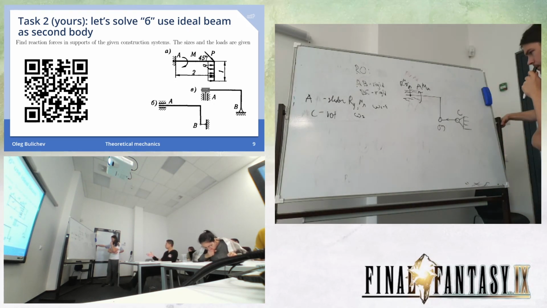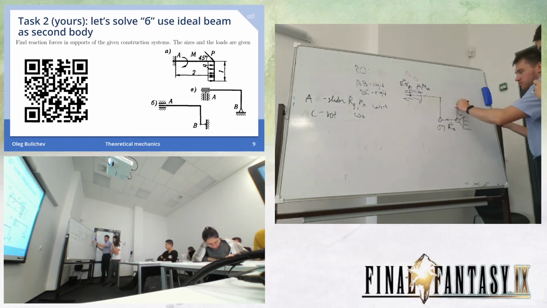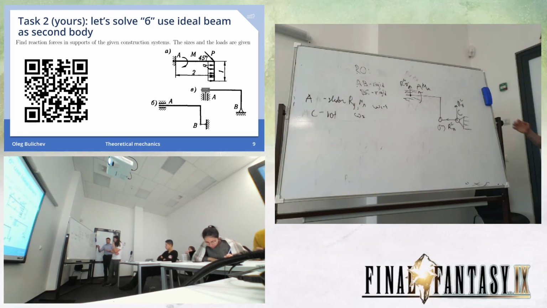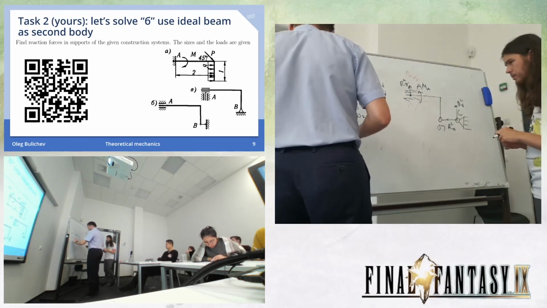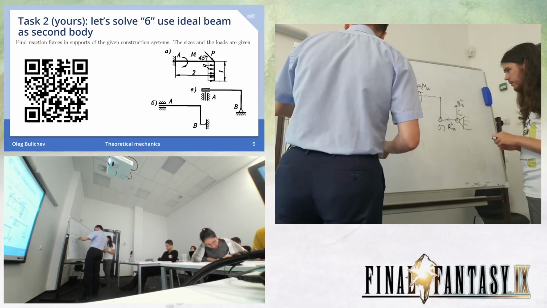You can choose the direction of the reaction force, because in the end, if you receive a minus, you just need to change the direction. So, okay, this is point B. It's a rotational joint. It's a support.